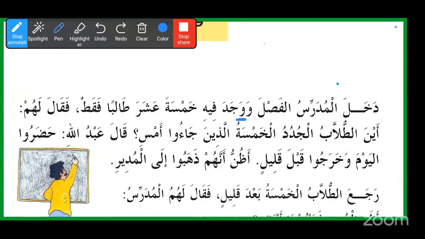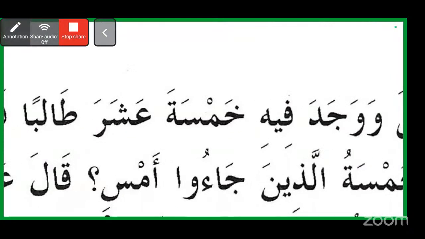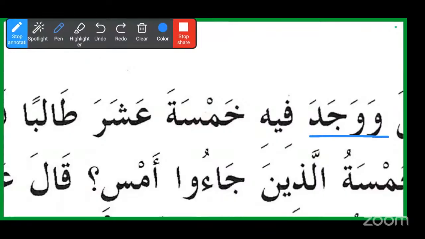So the next sentence starts with وَوَجَدَ فِيهِ خَمْسَةَ عَشَرَ طَالِبًا. And he found. وَجَدَ means he found. فِيهِ, in it. In what?